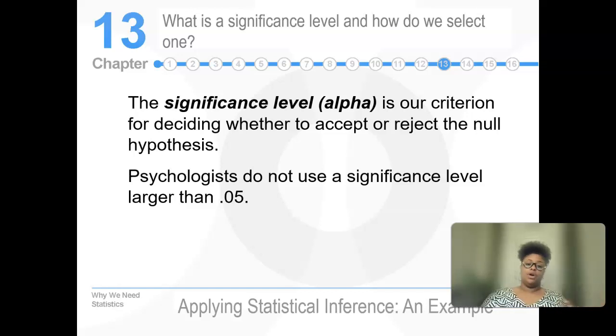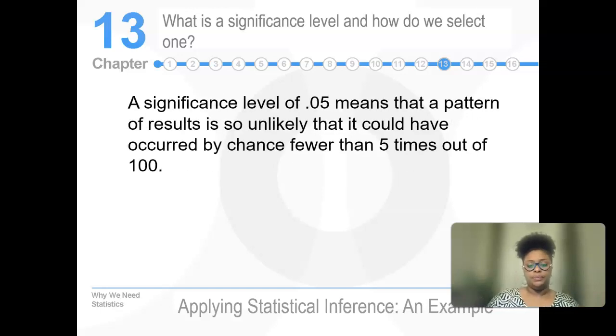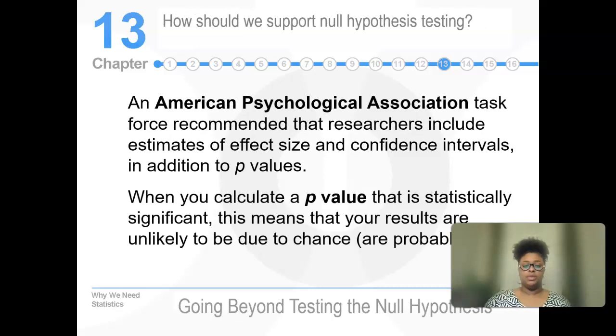We will never go larger than a 0.05 alpha level. The significance level of 0.05 basically means that the pattern of results is so unlikely that it could have occurred by chance fewer than 5 times out of 100. So we never go higher than that number to state our significance between the variables.